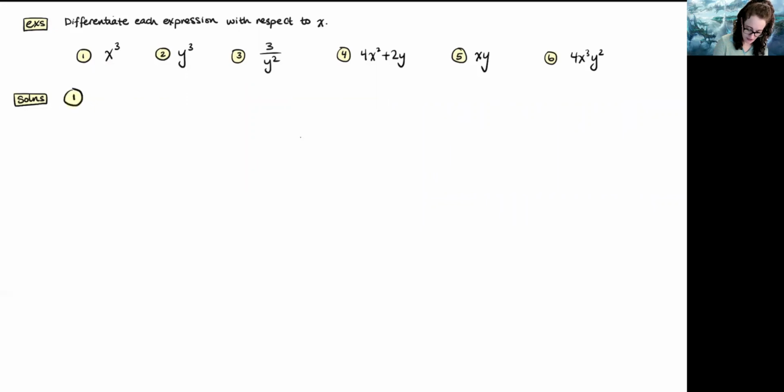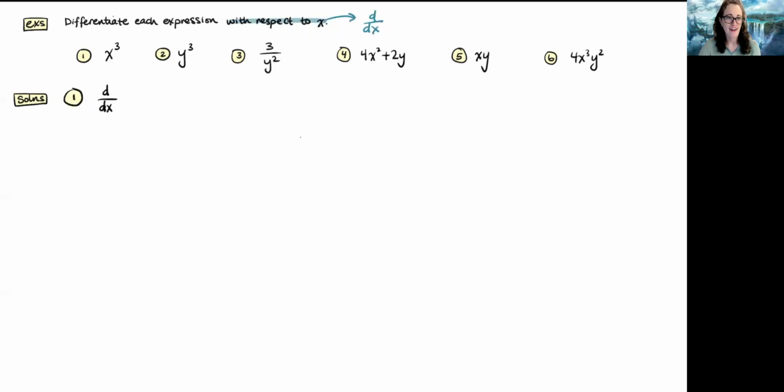The way that we would write that is, with respect to x, what that really means is you're finding the derivative d dx. So d dx is what we're going to be putting in the front of the expression that we are finding the derivative of.